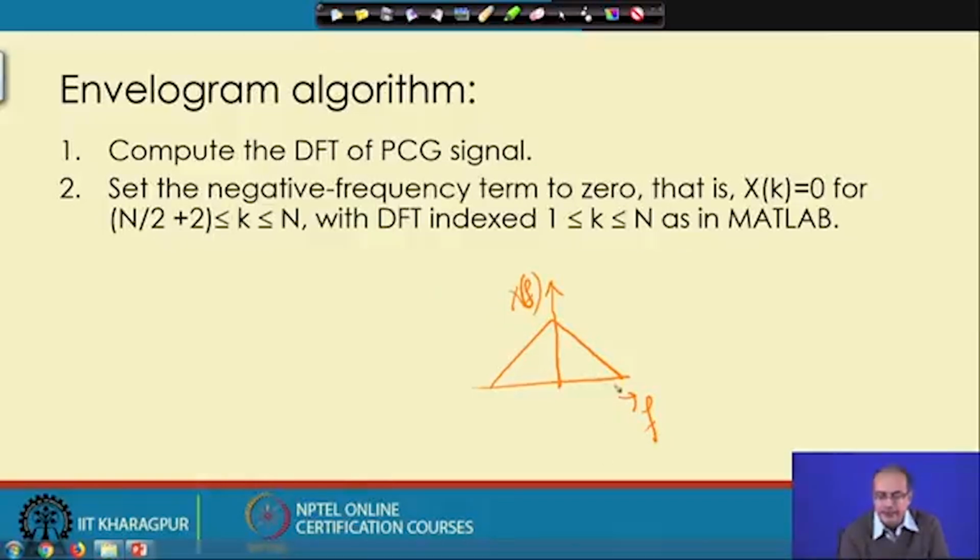The corresponding analytic signal spectrum would be like this, and it does not have any value in the negative side. We are exploiting that fact to construct the analytic signal, and from there we find the envelogram.